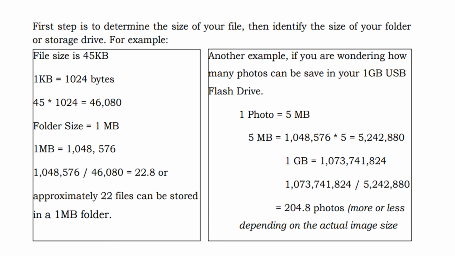Another example, if you are wondering how many photos can be saved in a 1 gigabyte USB flash drive. You have a USB flash drive, okay? And your USB flash drive has a capacity of 1 gigabyte. So, how many photos can you save in a 1 gigabyte flash drive?